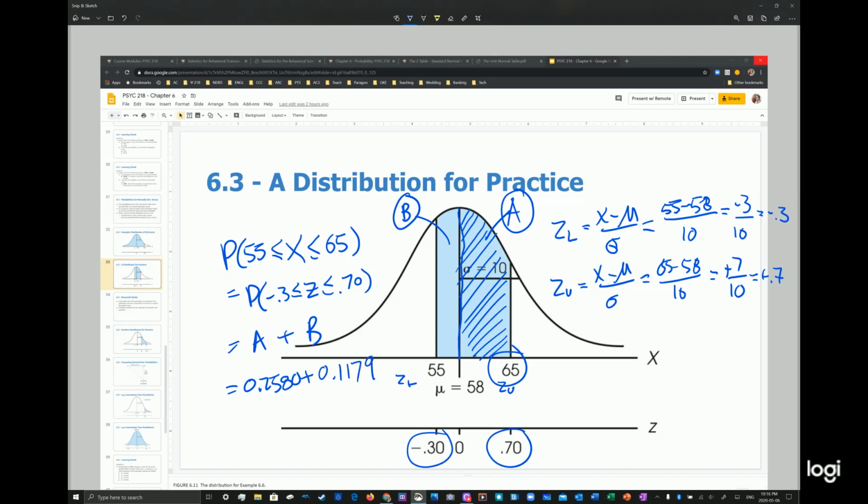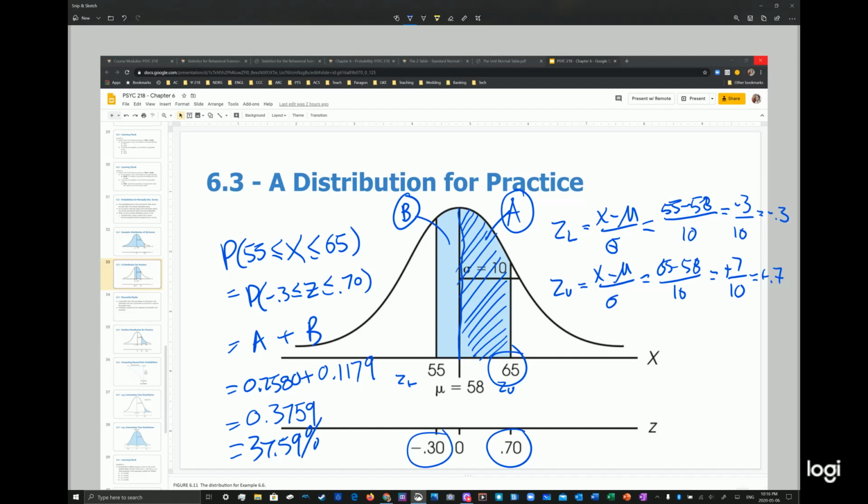So again, remember, we're adding those two areas together to answer the question. What is the probability of somebody scoring between 55 and 65? So we add these together. That would give us 0.3759, which is 37.59%, or 37.59% of the population scored between 55 and 65.